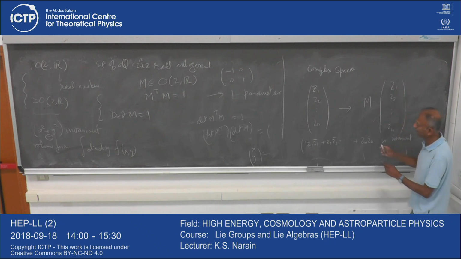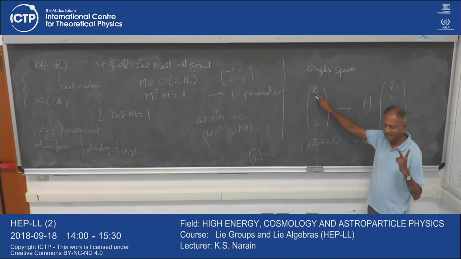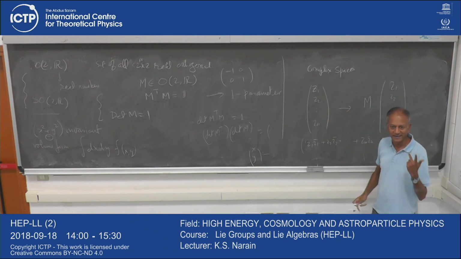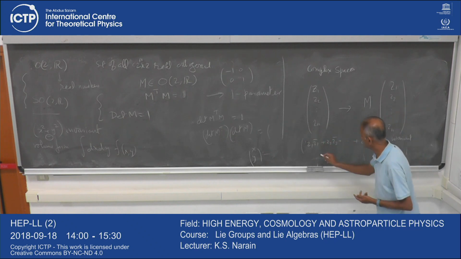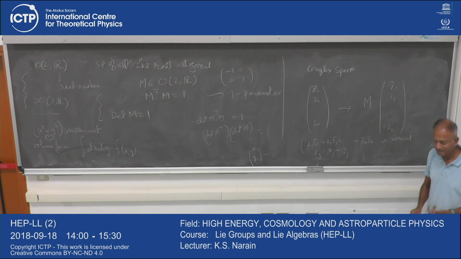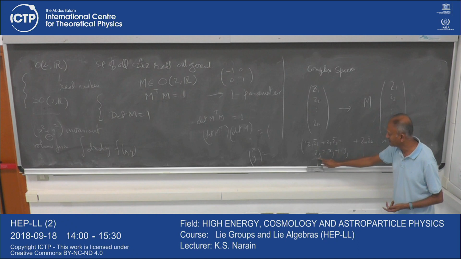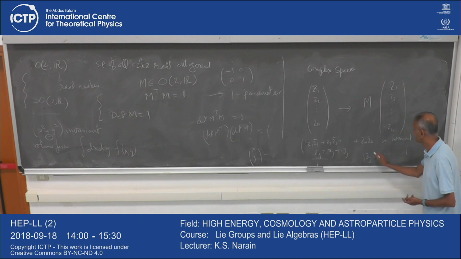But notice, each complex number is like two real numbers, so this is really 2n real numbers. In other words, I can write each of these complex numbers as Zj equal to Xj plus i Yj. Then Zj bar is Xj minus i Yj, and Zj times Zj bar is simply Xj square plus Yj square.